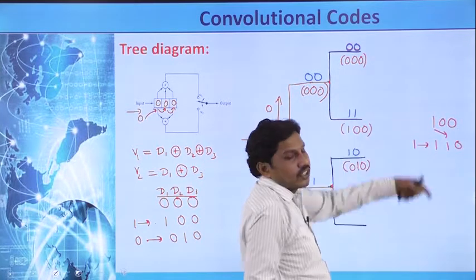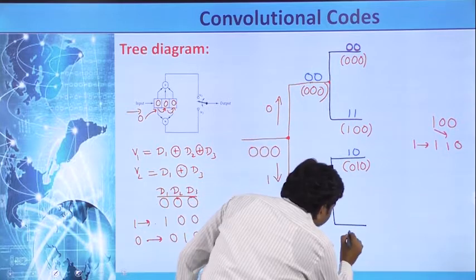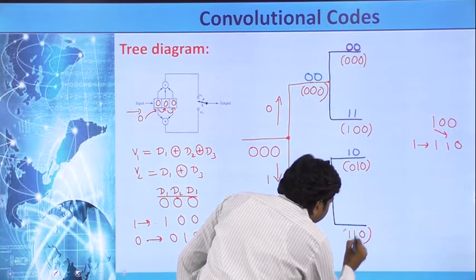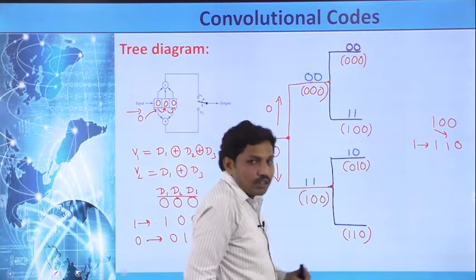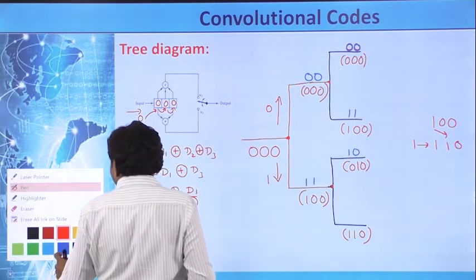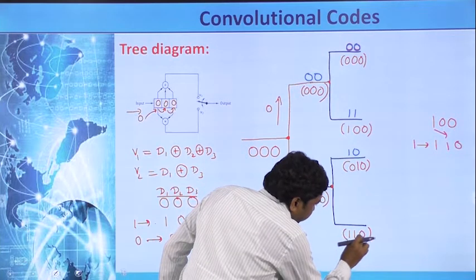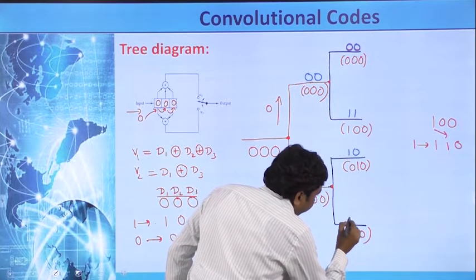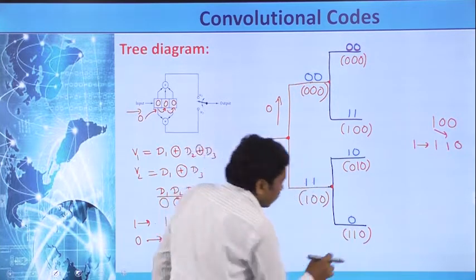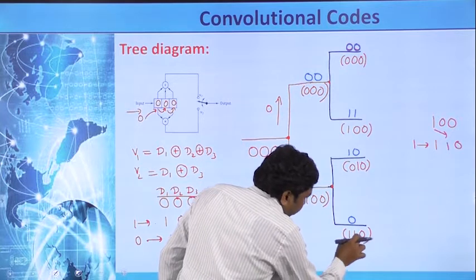That means the bits in the shift register are 1 1 0. So what are the output bits? The output bits are V1 and V2. V1 means the sum of these three: 1 plus 1 plus 0, it is 0. V2 is the sum of the first one and the last one: 1 plus 0, it is 1.